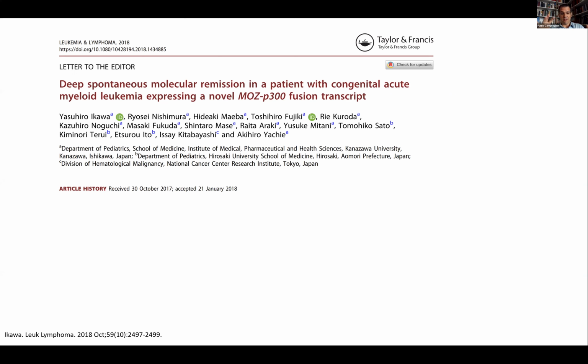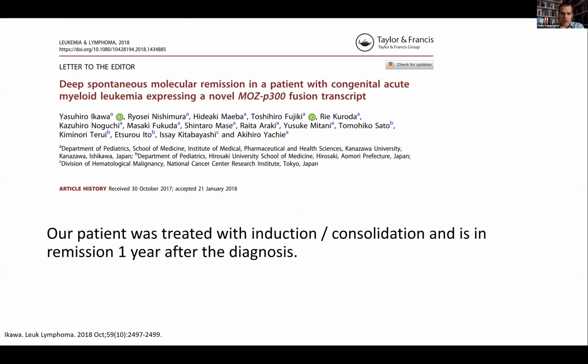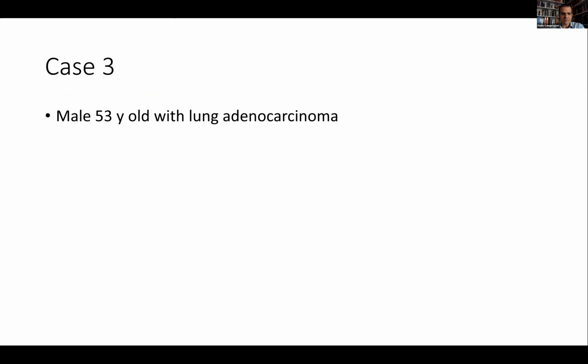I mean, AML resolved by itself. Unfortunately, our patient's clinical condition was deteriorating, and he was treated with induction and consolidation therapy, and is in remission 1 year after diagnosis, and hopefully it will continue in remission.